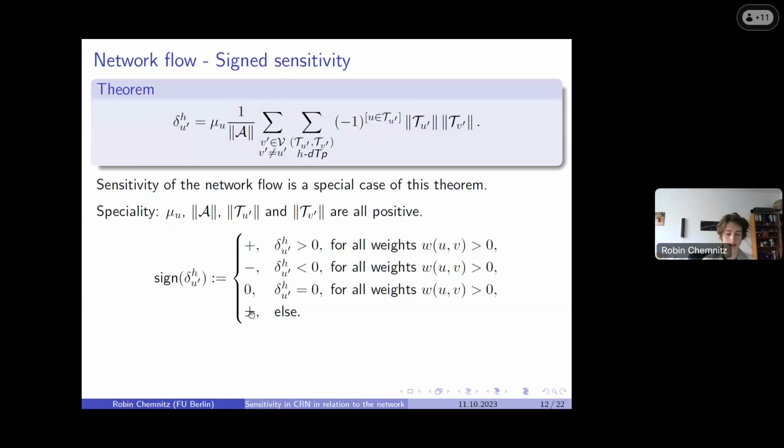And we say that the sign is undetermined if there are weights which make it positive, or weights that make it negative, or weights that make it zero. So this would really tell us that perturbing certain edges will always have a positive or a negative influence on the equilibrium in certain target nodes.